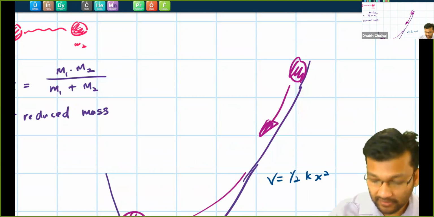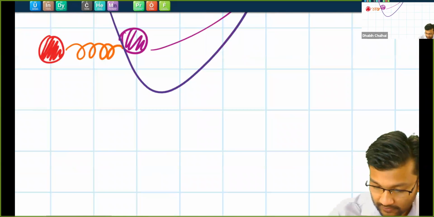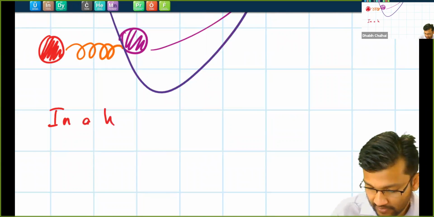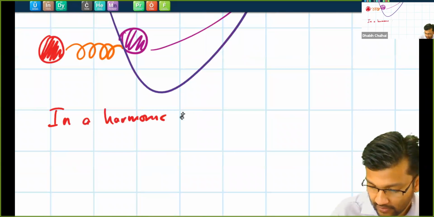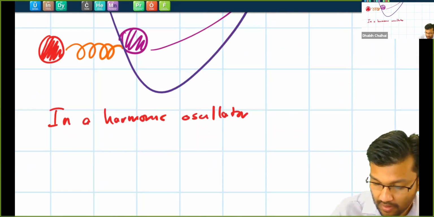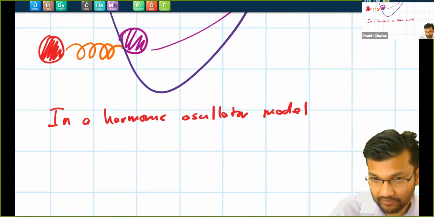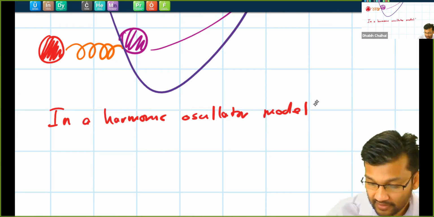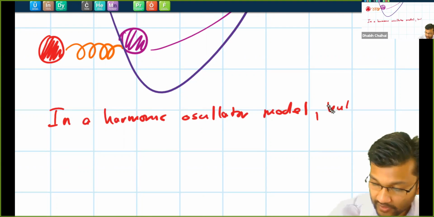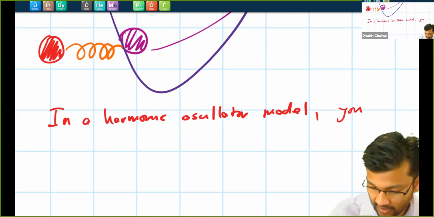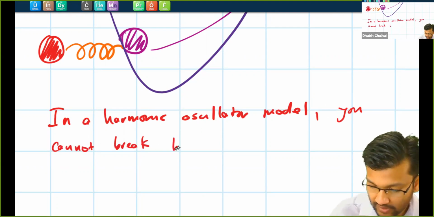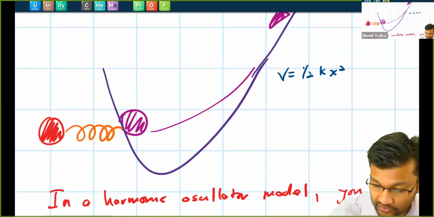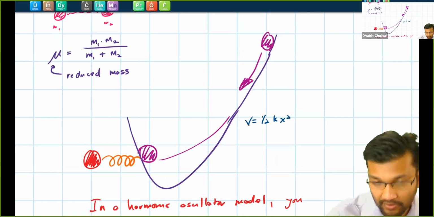In this model, in a harmonic oscillator model, it predicts a lot of cool things. In a harmonic oscillator model, though, you cannot break bonds. Because no matter how far you stretch these two atoms apart, it will always roll back.